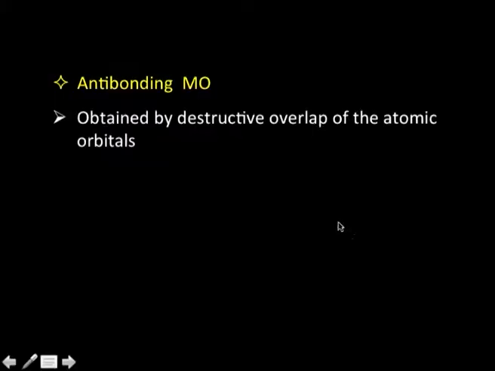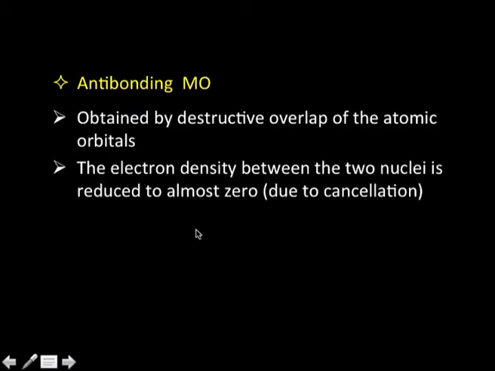On the other hand, the antibonding molecular orbitals are the ones which are obtained by destructive overlap of the atomic orbitals there. And we find that in such cases the electron density between the two nuclei is reduced to almost 0, because the two wave functions which add destructively actually cancel each other. As a consequence, the electron density happens to be 0. There is a node in that place there.